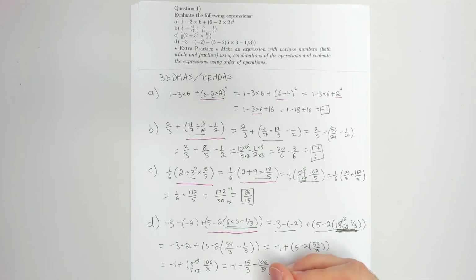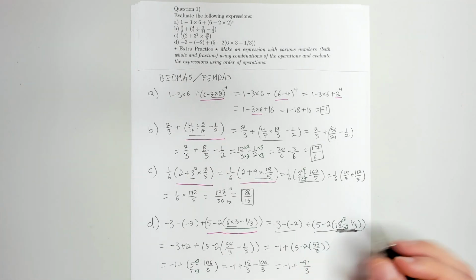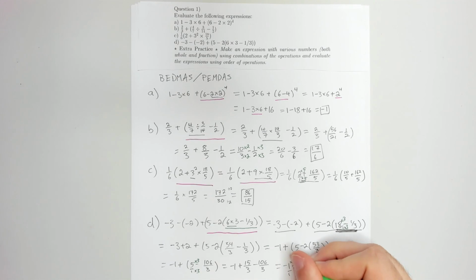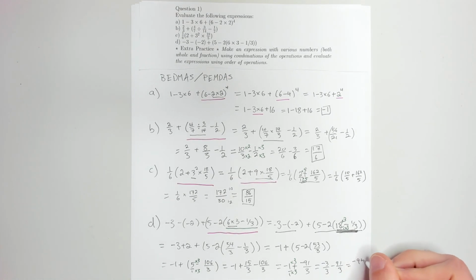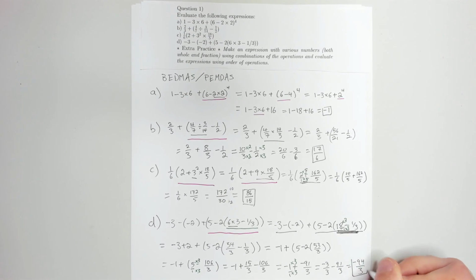So 15 thirds minus 106 over 3 is going to be negative 91 over 3. And once again, to make a common denominator, we make this negative 1 into a negative 1 over 1. And remember, adding a negative is the same as subtraction, so I converted this plus negative 91 over 3 into minus negative 91 over 3, but we end up getting negative 94 over 3.